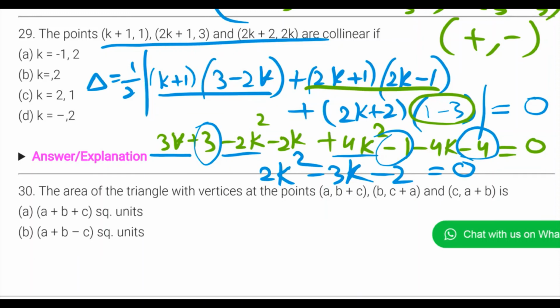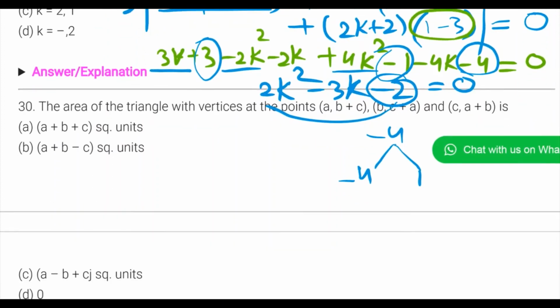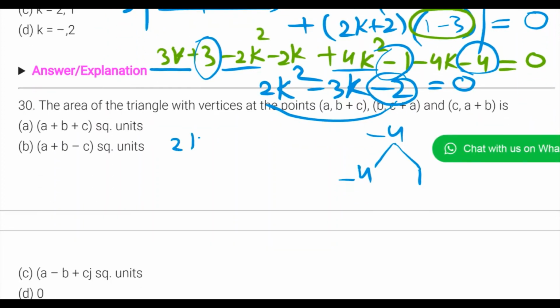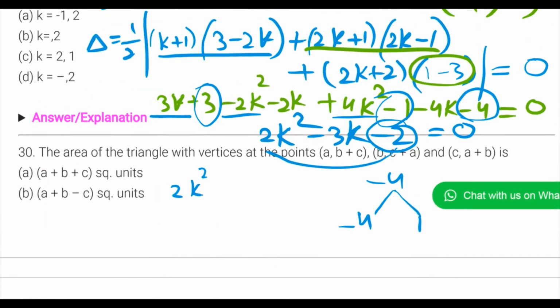Solve this equation by splitting the middle term. 2 into -2 is -4. We can split this -4 as 4 into -1 or -4 into 1. Multiplying -4 and 1 we get -4, and if we add them we get -3. So 2k squared minus 4k plus k minus 2 equals 0.